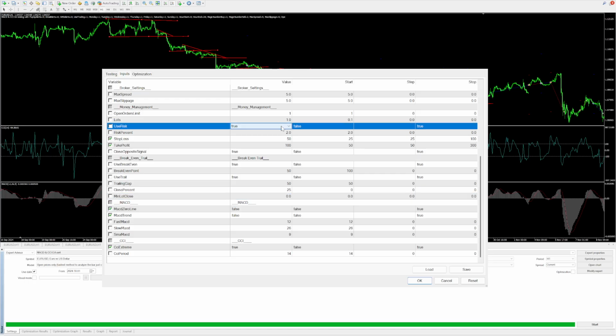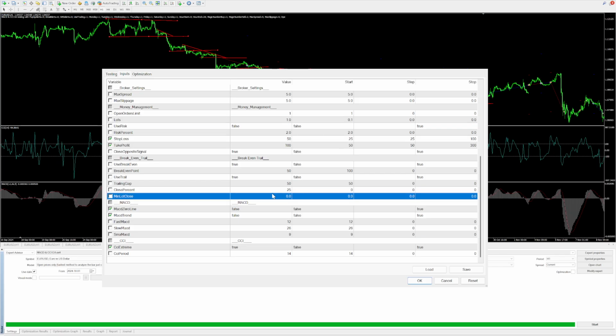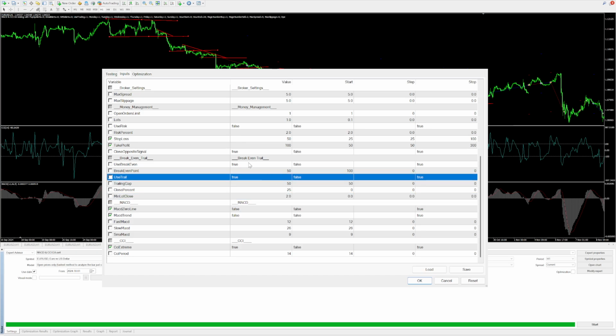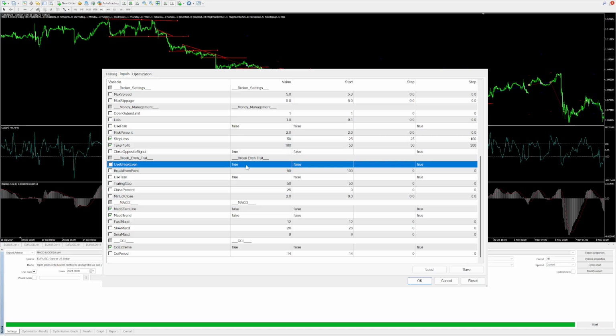If you're trading one standard lot and you have a minimum lot to close of 0.5, then when there's only that many lots left in the position, it just won't close anymore and it will let the rest run until your stop loss is hit. Or you can set something higher than your initial lot value, and the EA won't close any of the position in that instance, but it will still use the trailing stop and break even if you set them to true.